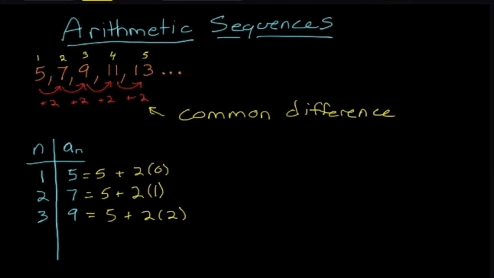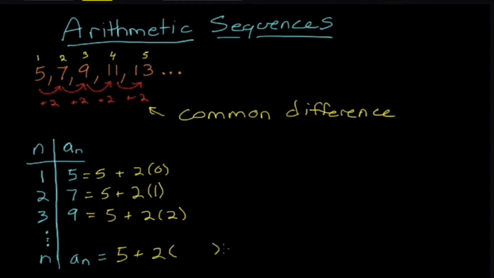So now I want to ask myself the question, if I want to predict any term, so let's say instead of the term number being 1, 2, 3, let's say the term is just n, an unknown term. Then a sub n, the term, would be what? Well, we know we're starting with 5, and we're adding the common difference a certain amount of times.